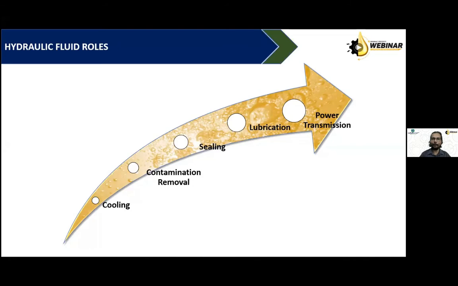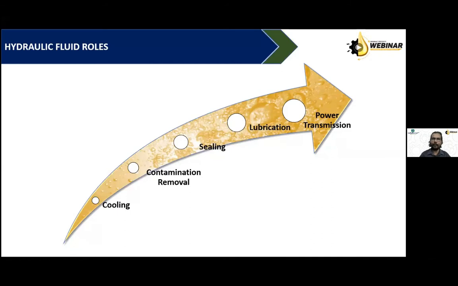Then sealing, it will come how fluid will act as sealing. Whenever there is a fine gap and high pressure gas is inside, like in our application of generator, these fluids also act as a sealing agent between the atmosphere and the gases available inside the generator. Normally it is hydrogen.